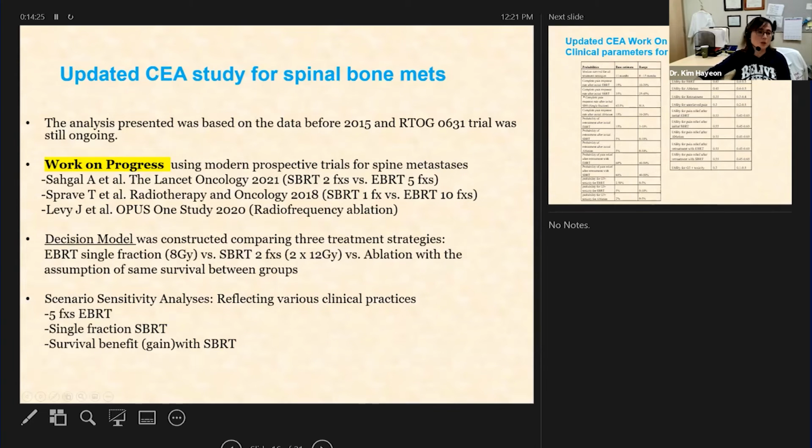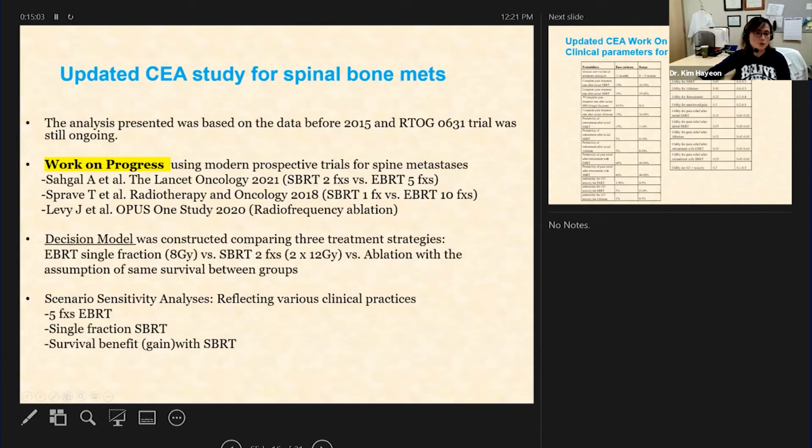So this time, we still used the treatment strategy comparison with single fraction EBRT 8 Gy. However, the SBRT dose is higher than in my previous study, which is 24 Gy in 2 fractions. And also this time, based on the OPUS trial, we put in ablation, so 3 different treatment strategies were compared. For the scenario sensitivity analysis, which reflects the various clinical practices in this world, some people still treat with 5 fractions, not single fraction.